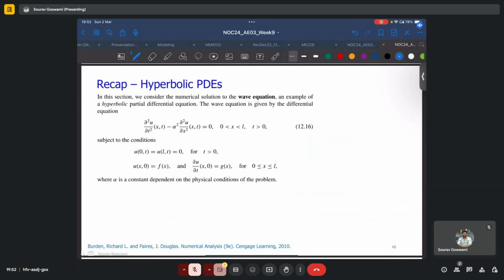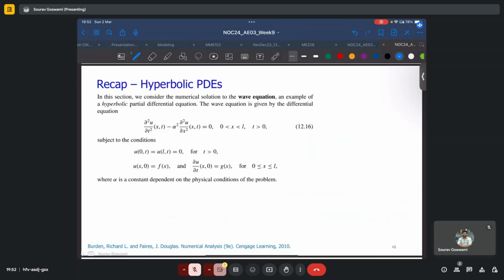The wave equation has the general form del squared u by del t squared minus alpha squared del squared u by del x squared equals 0, where x varies between 0 and L and t is greater than 0. This is subject to the condition that u at 0 comma t equals u at L comma t is 0 for all time t greater than 0.